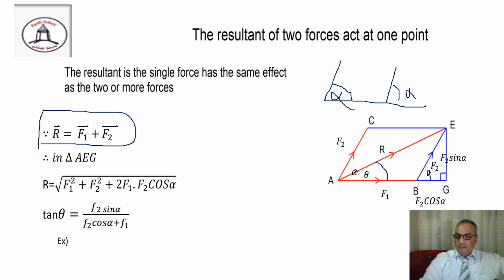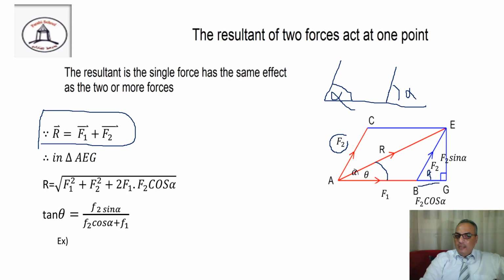In this triangle, you can find the side BG equals what? F2 cosine alpha. Why can you write F2 here? BE is parallel to AC, so the effect of F2 here will be in BE, from the properties of parallelogram. And GE, opposite to alpha, equals F2 sine alpha.